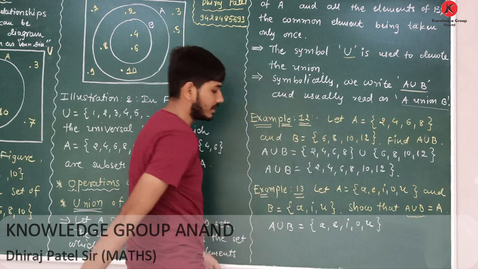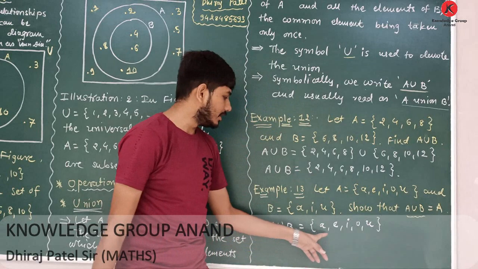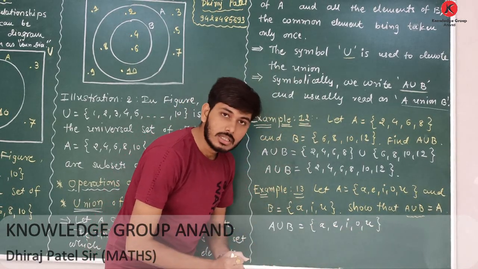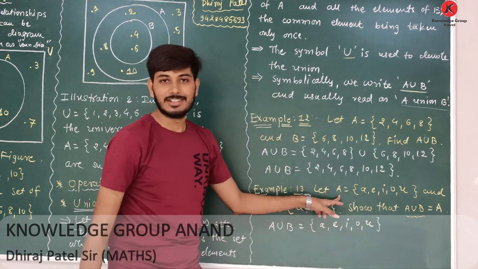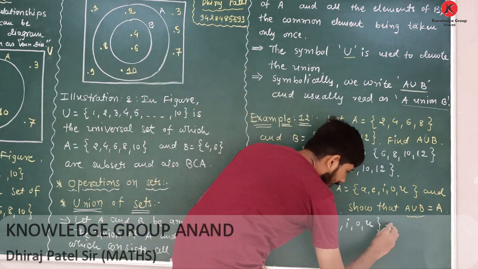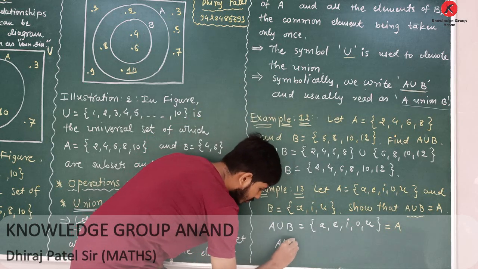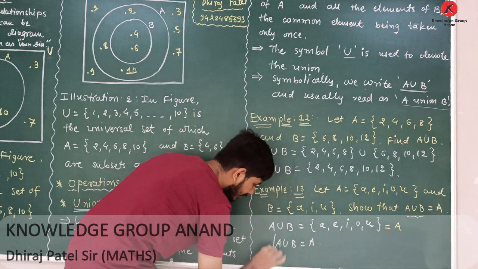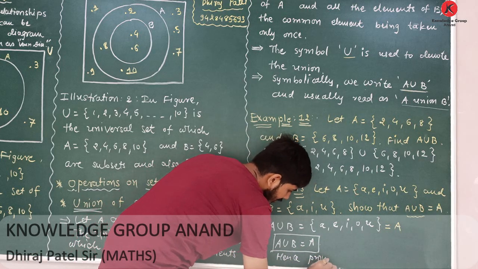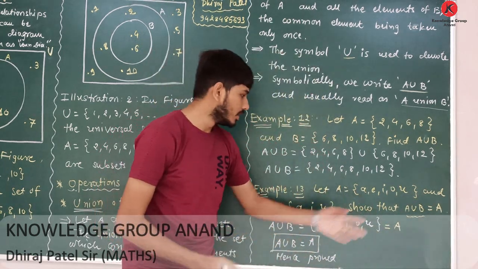Therefore, this is our A union B: A, E, I, O, U. See here, A, E, I, O, U is our set A. Therefore, we can directly say that A union B equals set A. Hence proved. Okay, we have shown that A union B equals set A.